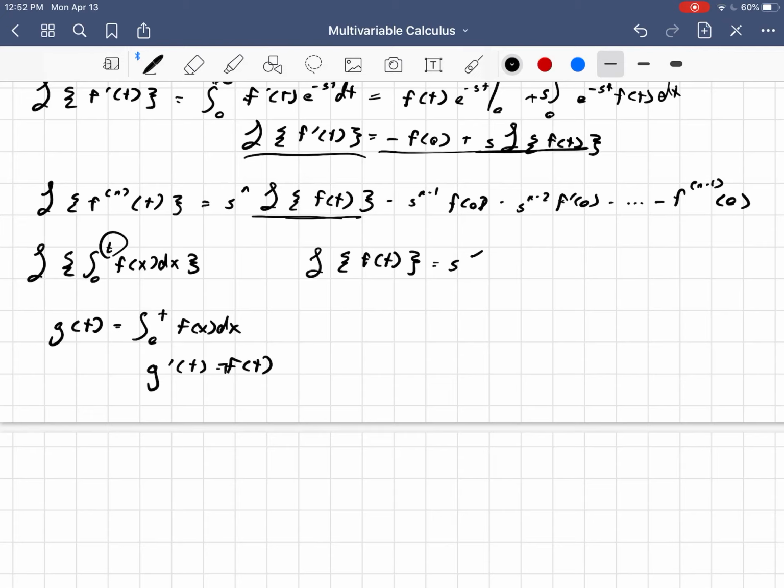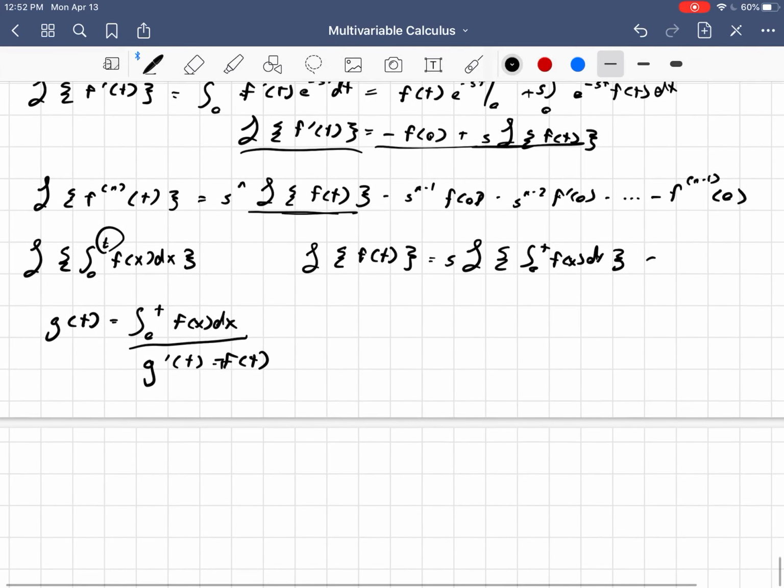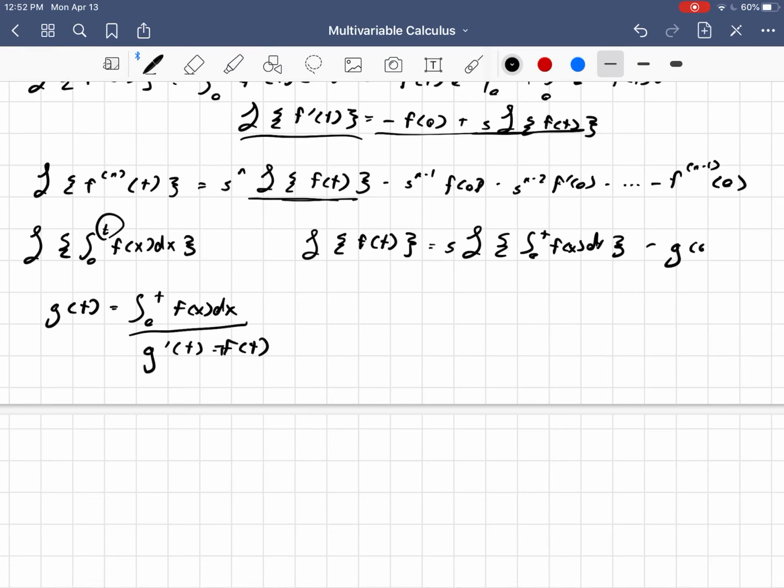which is really just a derivative, right? It's g prime of t, is s times the Laplace transform of g, which is this integral here, the integral from 0 to t of f of x dx. And we would have a minus g of 0 here, technically.